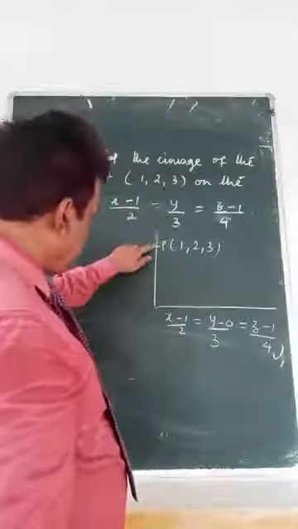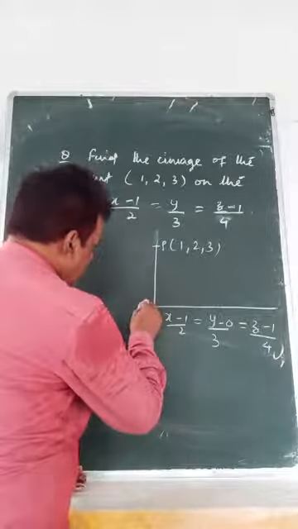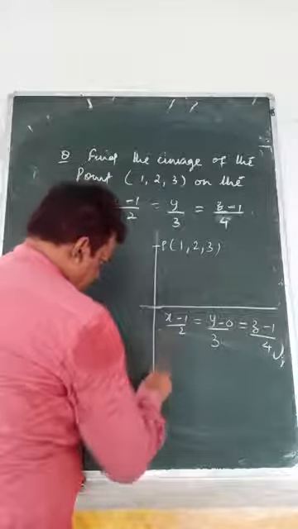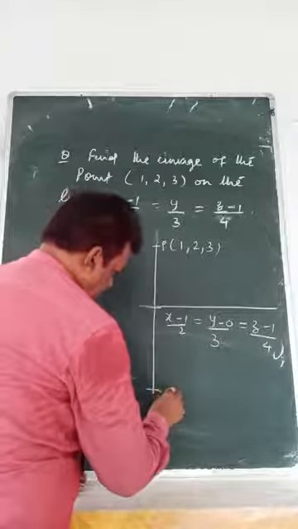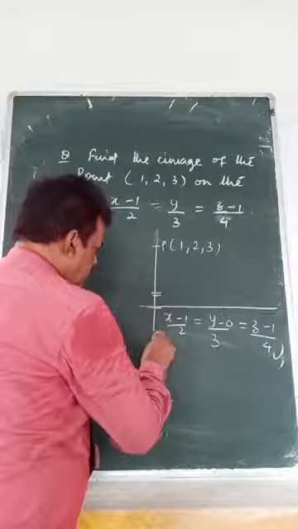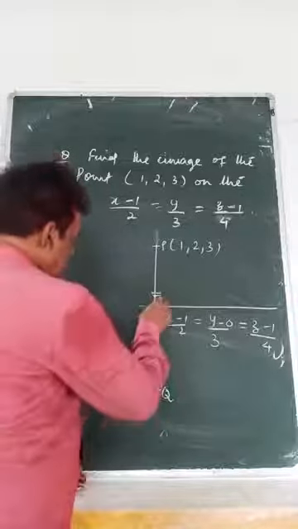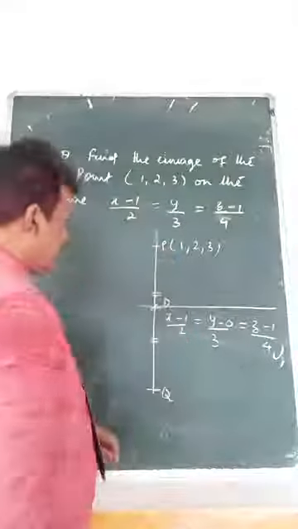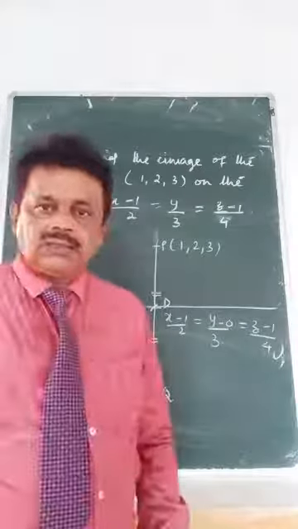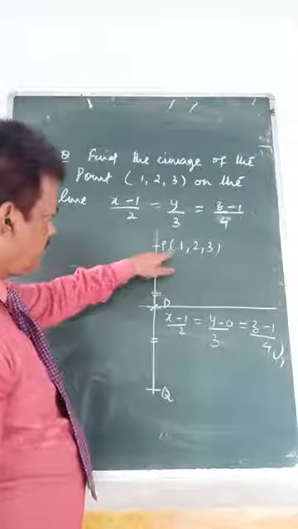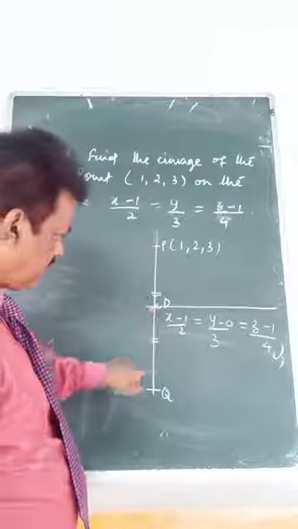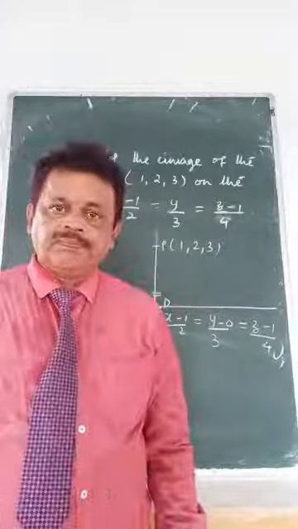So object distance will be equal to image distance. These two distances are equal. Suppose this is the point D here. That means your PD equals DQ, a 1:1 ratio. So if you know the value of P and the value of D, using the midpoint formula you can find the value of Q.